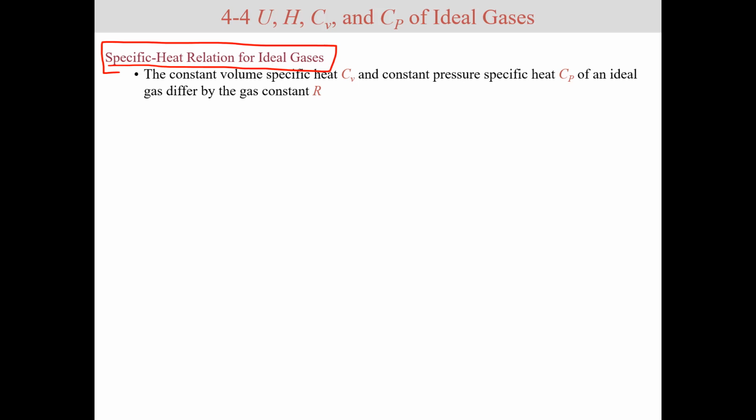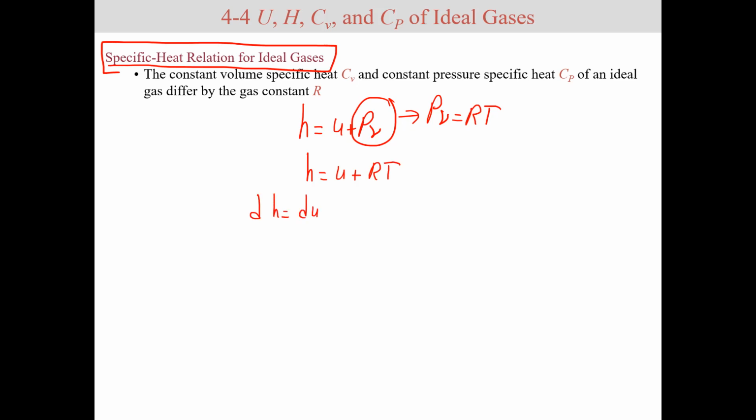Right, we said that H is equal to U plus P nu, and we take P nu and replace it with RT according to the ideal gas law. Now, if I take the differential of that, I get the following: dH is equal to dU plus R dT.